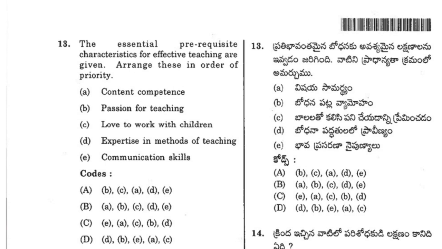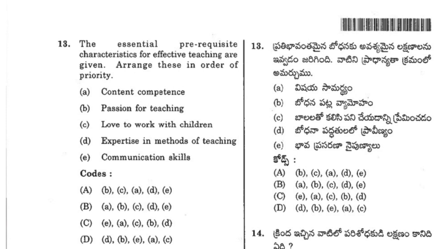Look at the options: content competence, passion for teaching, love to work with children, expertise in methods of teaching, and the last one is communication skills. He gave them jumbled, and we have to organize them in a chronological way.